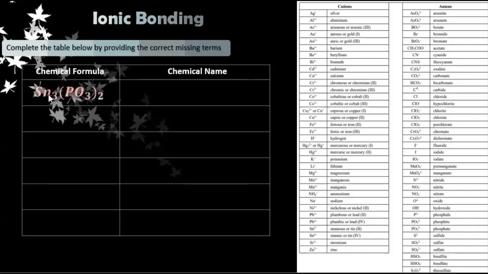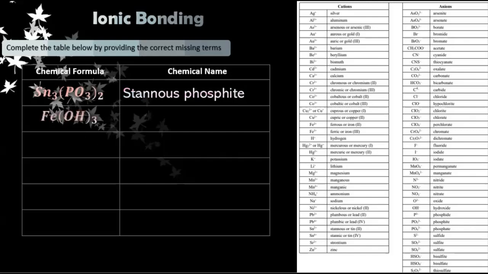Sn is either stannous or stannic, and remember we have here the subscript of our anion which is 2, and that is the charge of Sn, and Sn2 positive is stannous or tin-2, so that is stannous. And the PO3 has a charge of 3 negative, that is phosphite. So the answer is stannous phosphite or tin-2 phosphite.